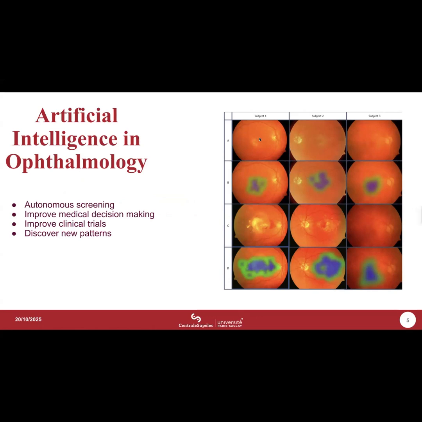Basically, it's an image of the fundus of your retina. With these images, you can use them for screening programs. A lot of people are using this for screening problems. So you can use this for automatic detection. You can use it to improve clinical decision making, improve the clinical trials, and discover new patterns.